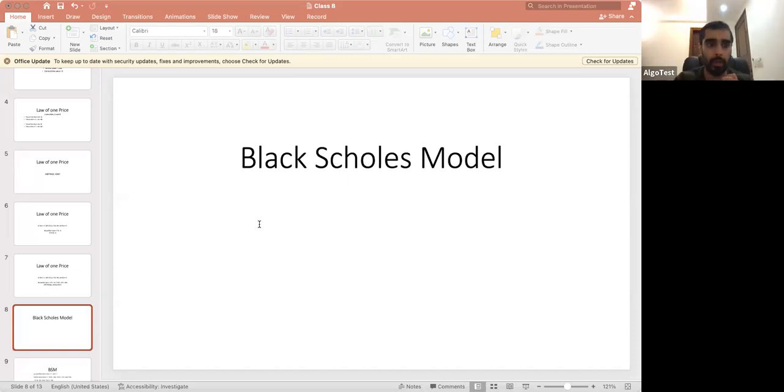So I can hold a call option as an example. Either I can hold a call option or I can hold a specific amount of shares. And for small moves in the underlying, my P&L will be exactly the same.